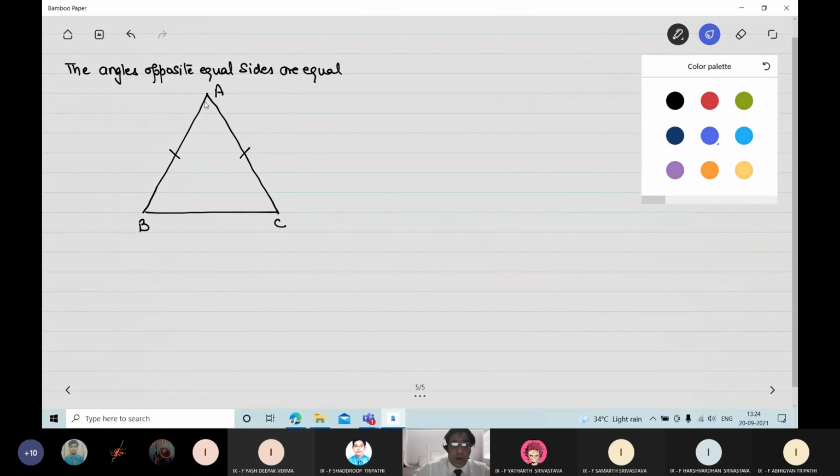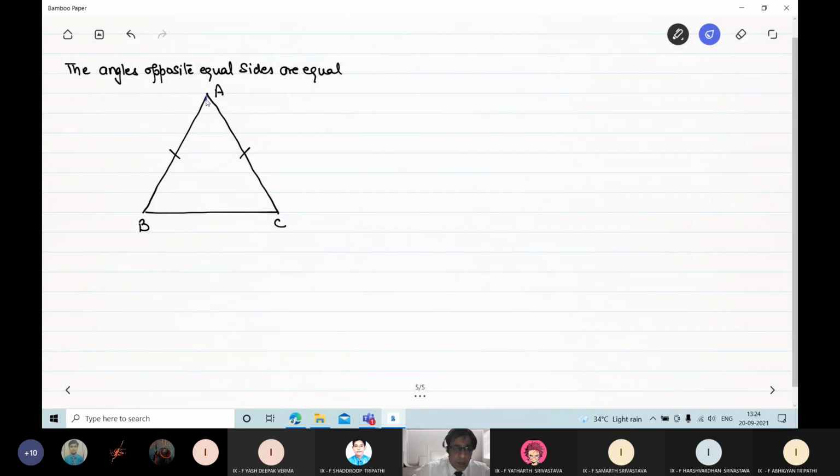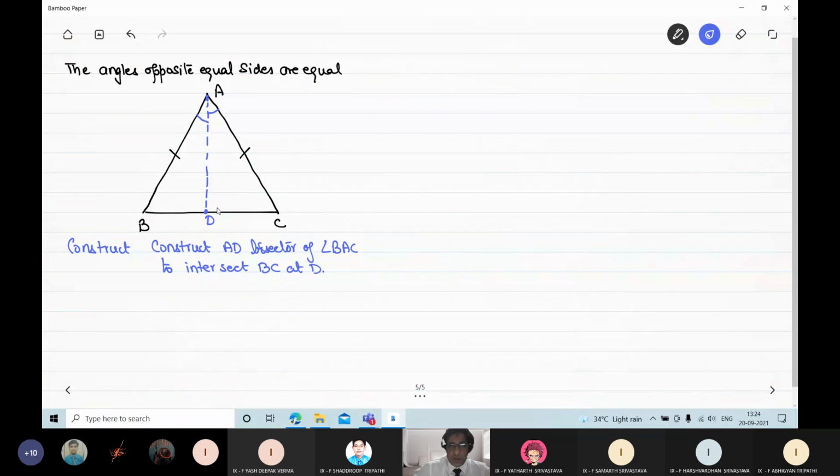Now what I'm doing here is I'm drawing an angle bisector of angle A, which intersects BC at D. So this is the angle bisector that I have drawn. So I have done a construction: AD bisector of angle BAC to intersect BC at D. So this is what I have done, children.